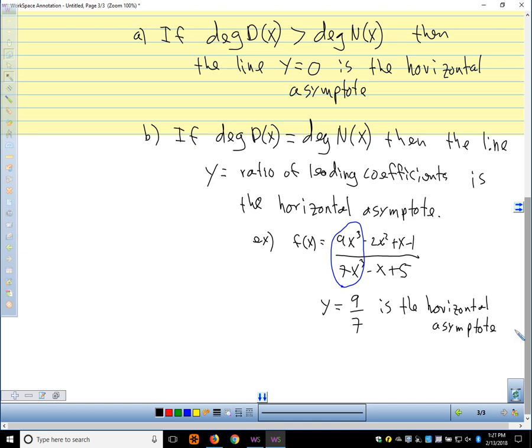So if the degrees are equal, you just pick out the numbers in front of the leading terms, and that's going to give us our value for our horizontal asymptote.